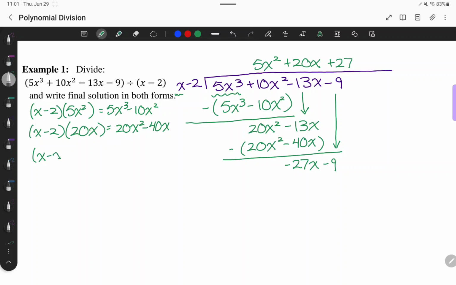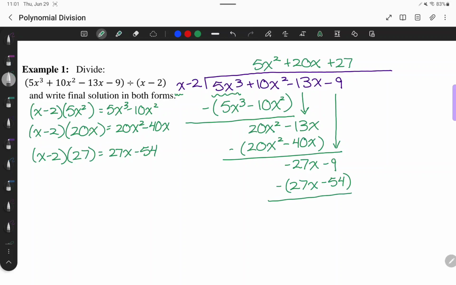So we'll multiply x minus 2 times 27. That's going to be 27x minus 54. So for our multiplication step, we have 27x minus 54, and we're going to subtract that.